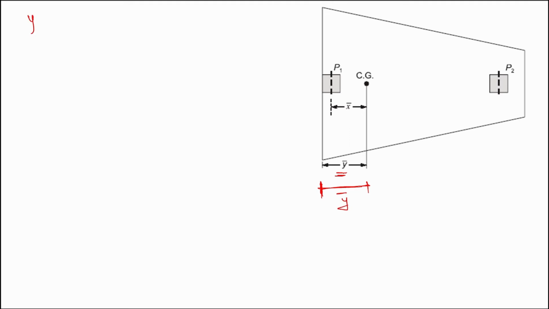So y bar will be this x bar plus half of the column width. The column is 0.5 meters, so half of it is 0.25. That gives y bar as 2.393 meter. Now we know the CG of the footing.